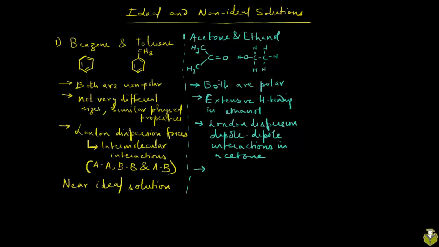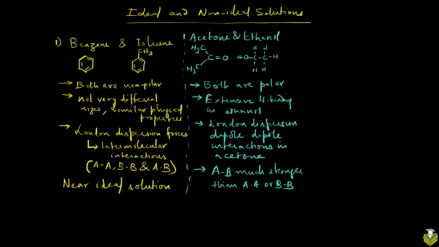Now what happens when you mix these liquids together is that the polar acetone molecules actually create AB interactions that are much stronger than the interactions that you find within acetone or within ethanol. The negative end of this dipole here has a strong attraction to the positive end of this dipole here, which is hydrogen. So these AB interactions are much stronger than AA or BB.